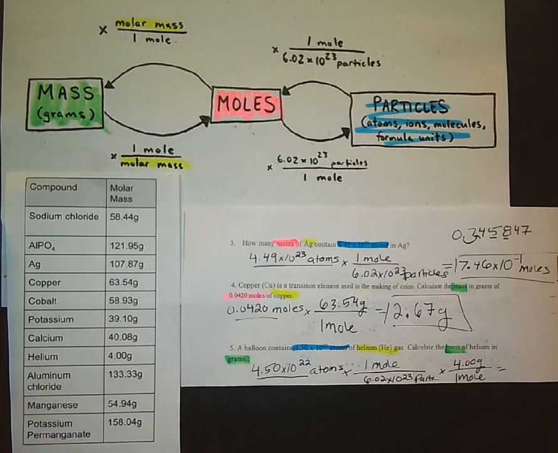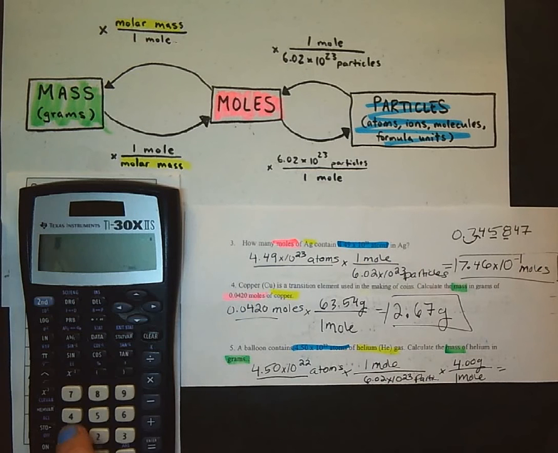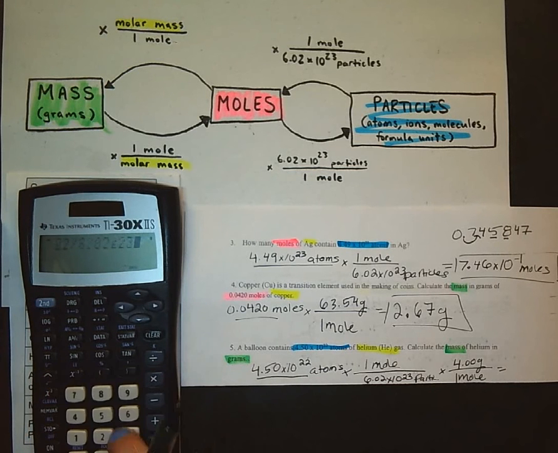Take all that information, plug it into your calculator. So you're going to take 4.5 times 10 to the 22nd, divide that by 6.02 times 10 to the 23rd atoms, or particles, and then multiply that answer by 4.